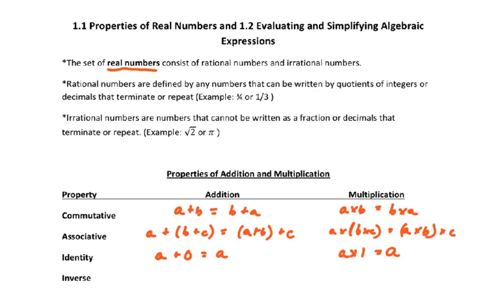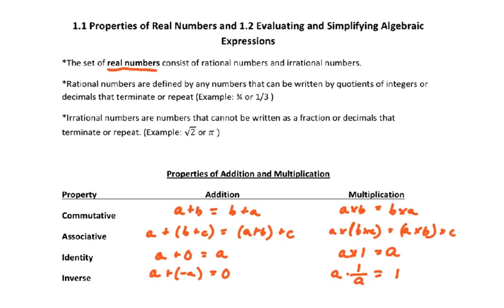This is the idea that there is a thing you can add to any number that will undo it. So if we have A, the only thing we can add to it is negative A to undo it and get 0. For multiplication, the thing that we can multiply by is the inverse, which is 1 over A. And that is how we get 1.